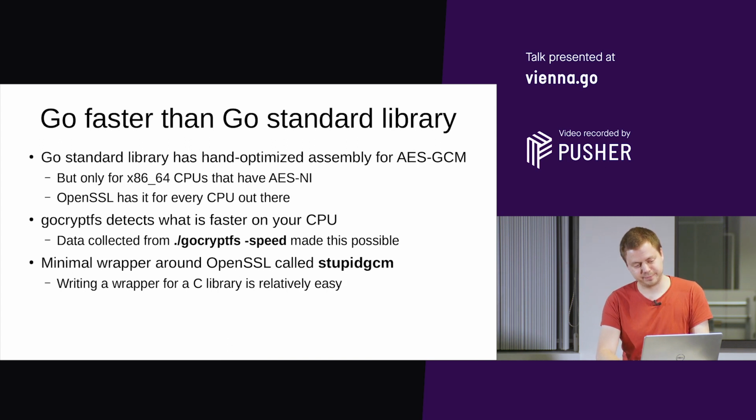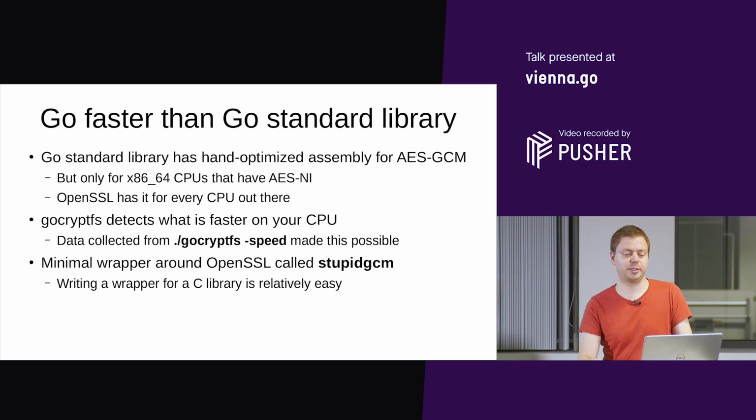Then there are cases where pure Go is not fast enough. I've mentioned that I use a very fast algorithm for encryption, which is GCM. And the Go library has a hand-optimized version of this, written in assembly.